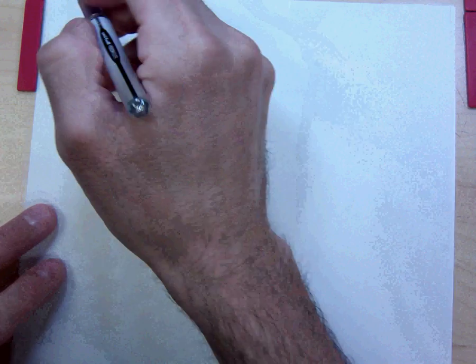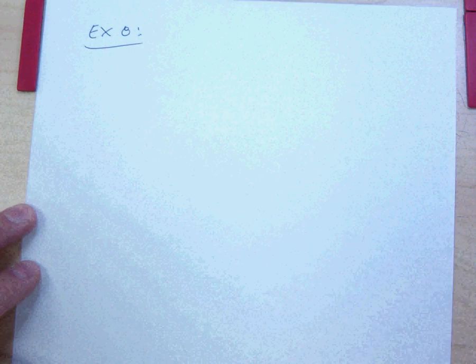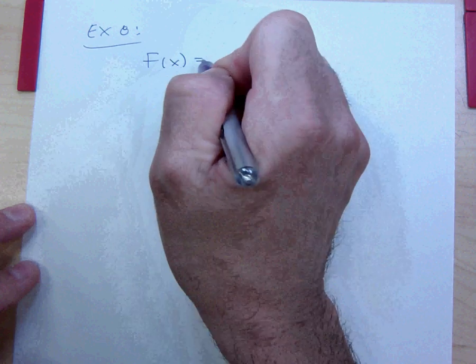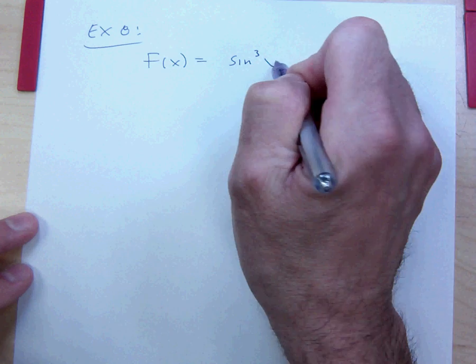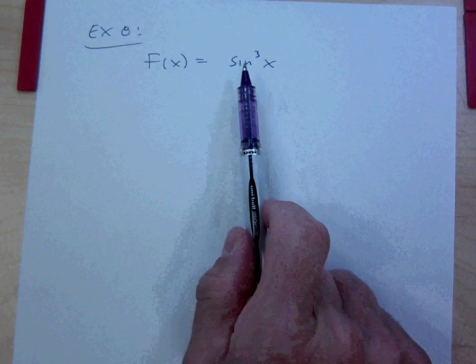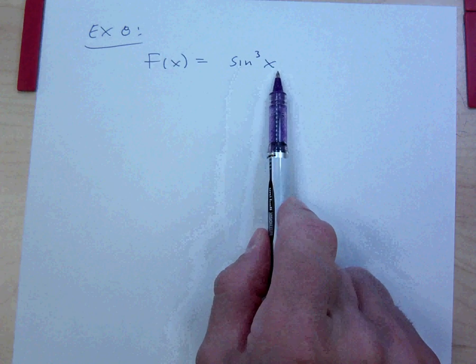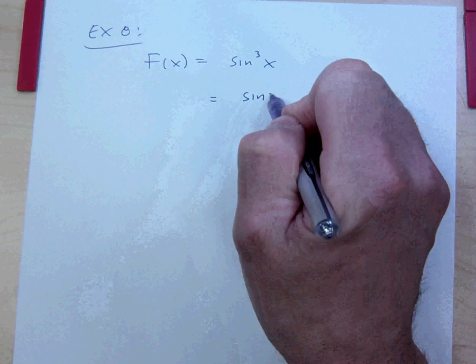All right, so let's look at example 8. I'll do this on a separate piece of paper. I have f of x equals sine cubed of x. And again, if I give you something written like this where the exponent is between the trig function and the angle, you should think of it and even rewrite it as this.